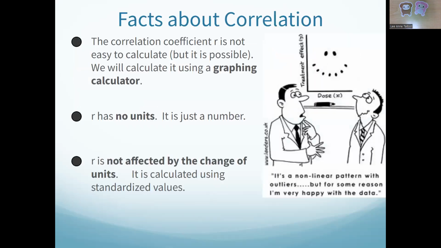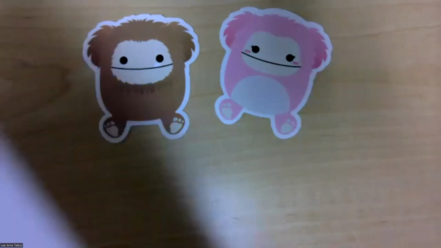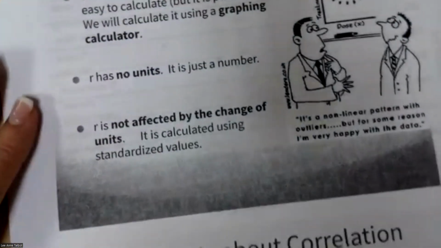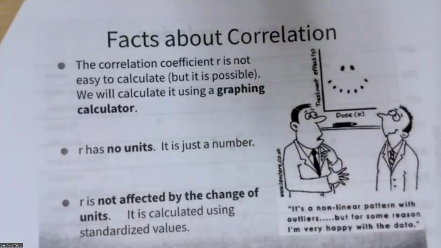All right, facts about correlation. Flip over your packet. The correlation coefficient R is not easy to calculate, but it is possible. We will calculate it with the graphing calculator. Now, there are folks in class that will not be satisfied with that information. So right here in your packet, we're going to put the formula for it. I am probably never going to ask you to do it.